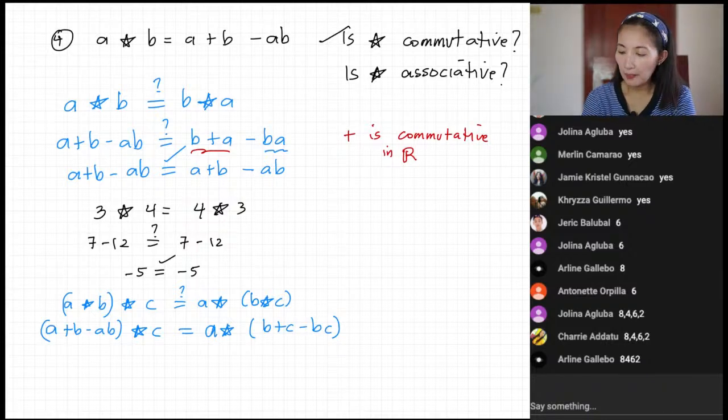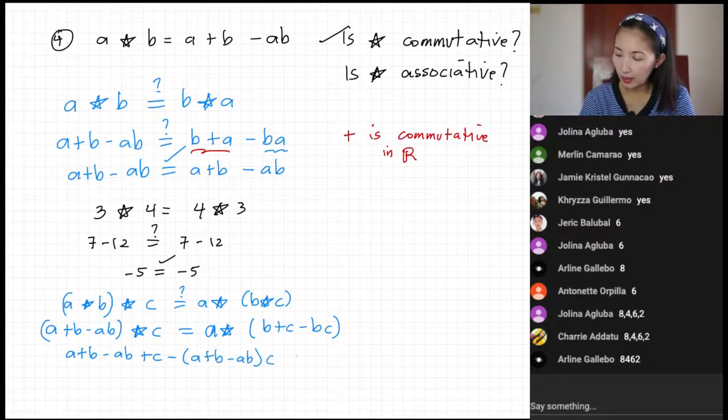The sum minus the product. The sum is A plus B minus AB, plus C, minus the product, A plus B minus AB times C.